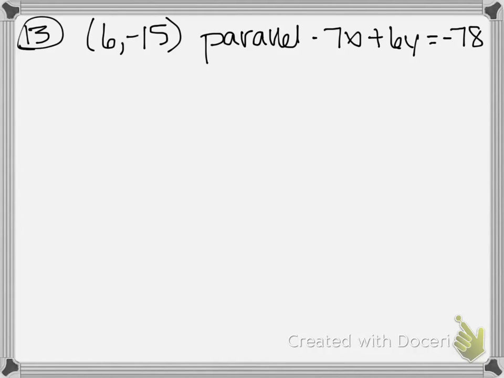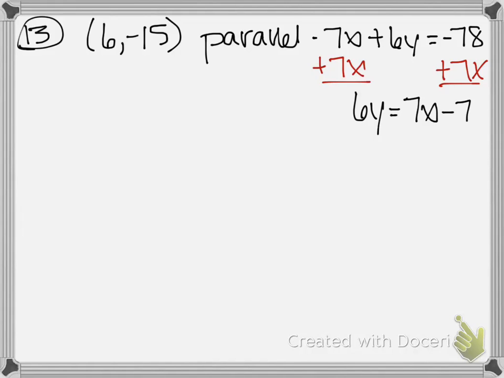So I'm going to convert this into slope-intercept form so I can identify the slope, which means I just have to get the y by itself. So I'm going to have to move my x term, the entire term, and that's going to give me 6y equals 7x minus 78, and then divide by 6.